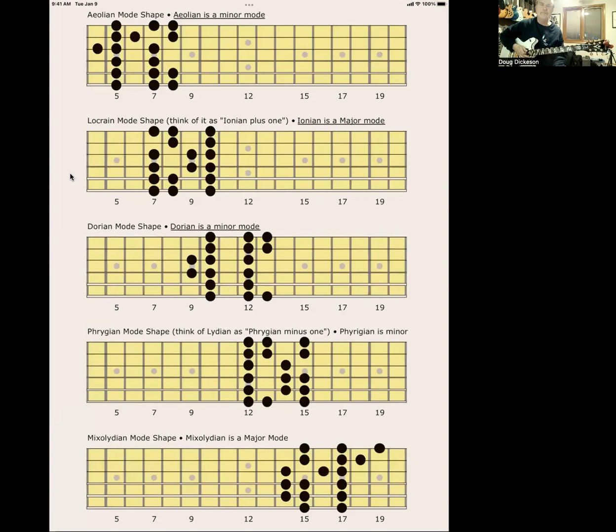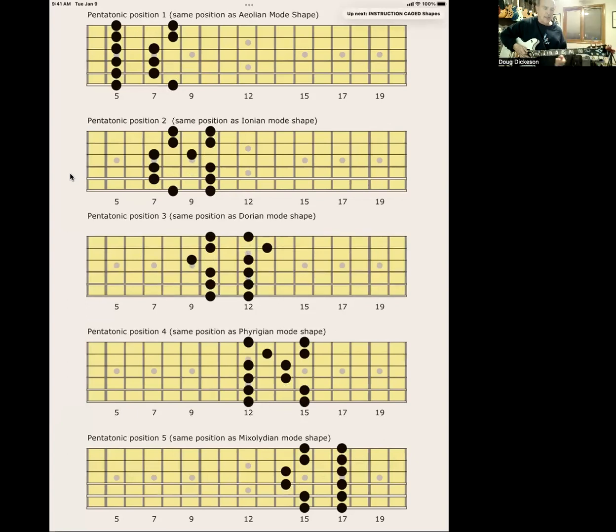Essentially, the pentatonic is just missing a couple of notes from the Aeolian. Okay, so now we've got a similarity drawn between the Aeolian mode shape and pentatonic position 1.